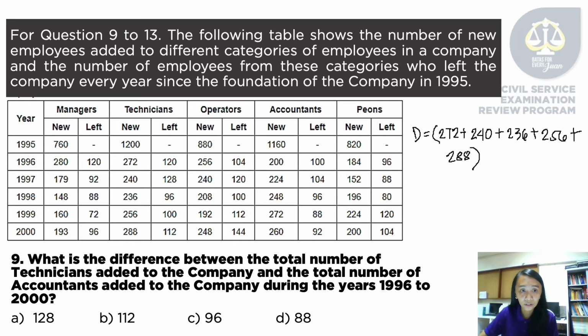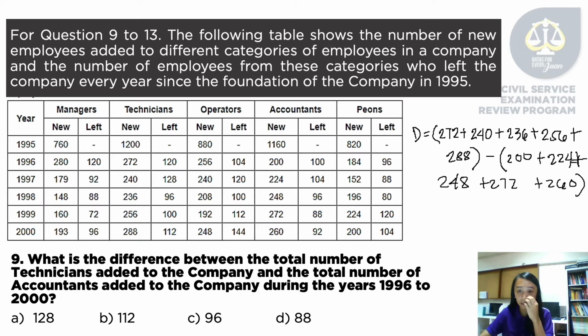Okay? So, yun yung pinaka-last entry natin for 2000 minus, okay, the sum of our accountants. Okay, I have 200 plus 224. Ito po yun. Okay, plus 248 plus 272 plus 260.